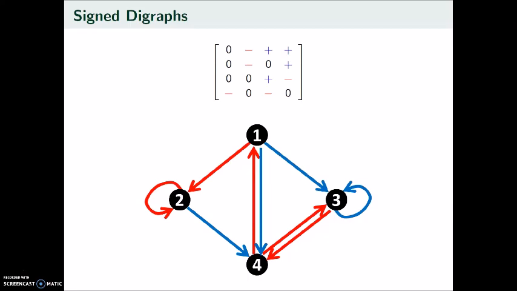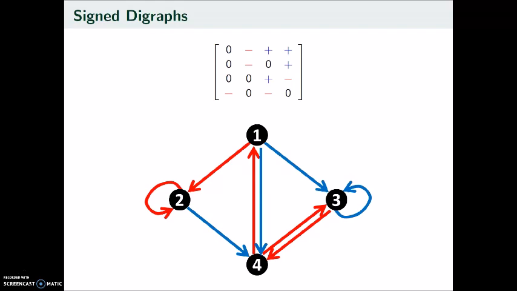I look through my matrix, and wherever I see a minus, I'm going to draw a red arrow from the vertex with that row's number to the vertex with that column's number. So, for example, if we look at vertex 1, the first row and the second column, there's a negative sign.